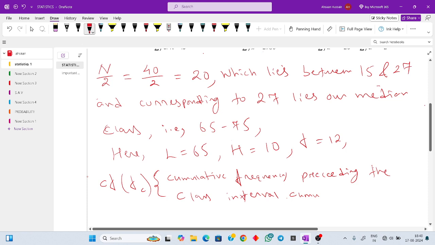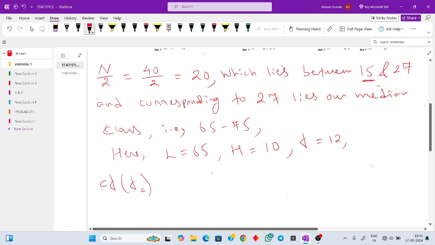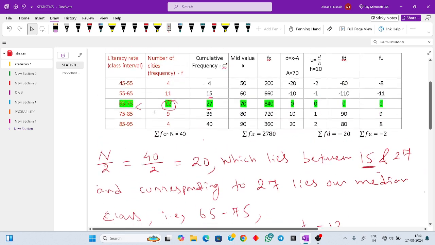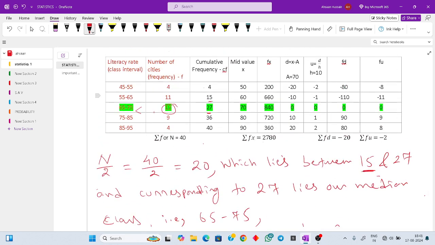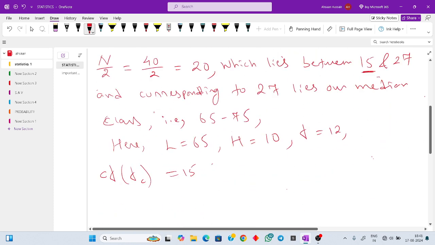Wait, I'll make this short for you. Just remember like this, that the CF is this one, 15. Which means the cumulative frequency preceding our median class. Understood? So CF is 15.